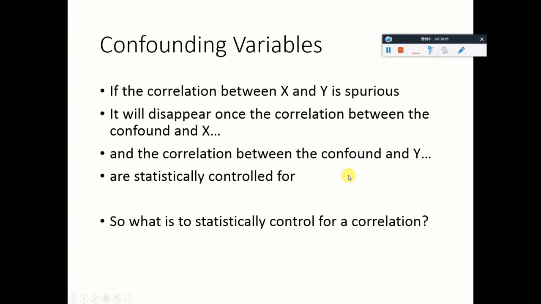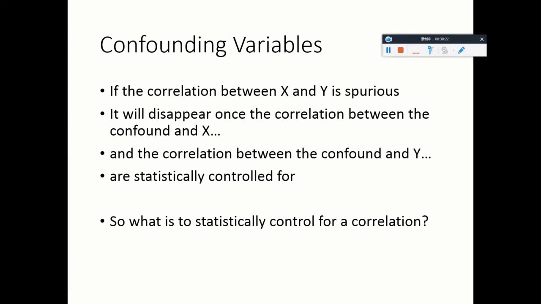But the question, of course, is what does it mean to statistically control for a correlation in the context of identifying confounds? Okay?